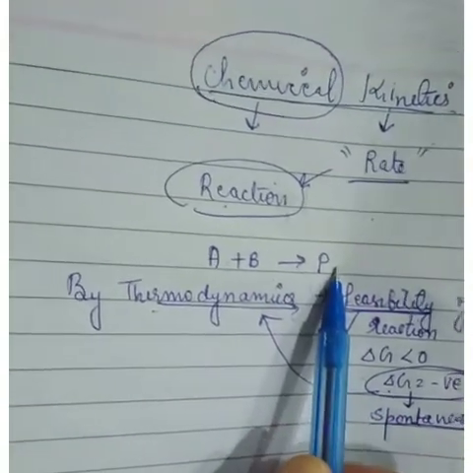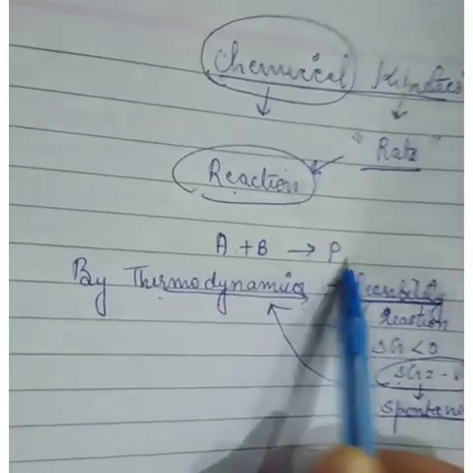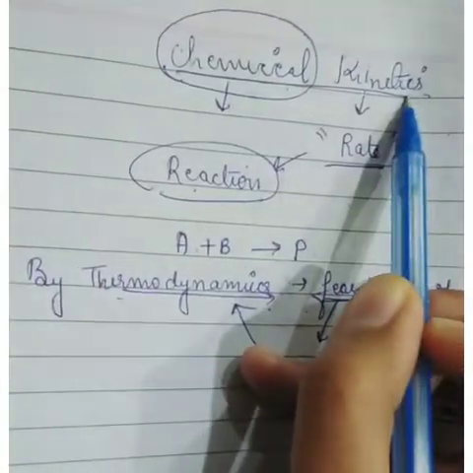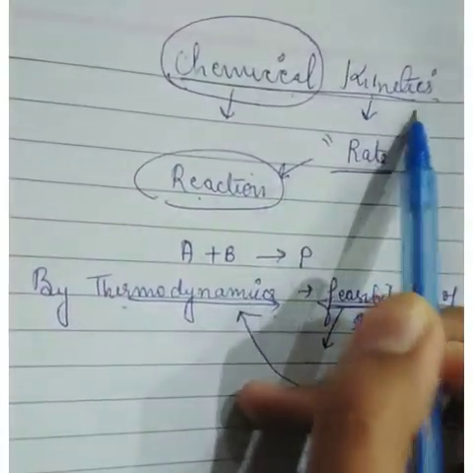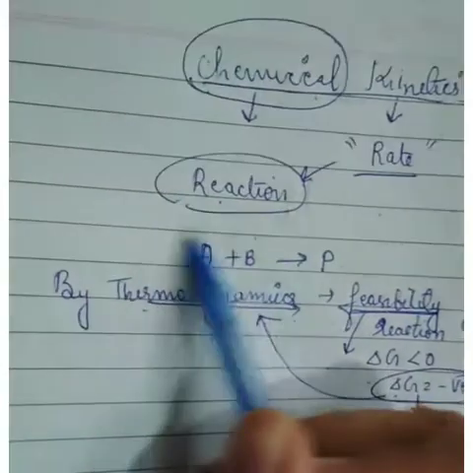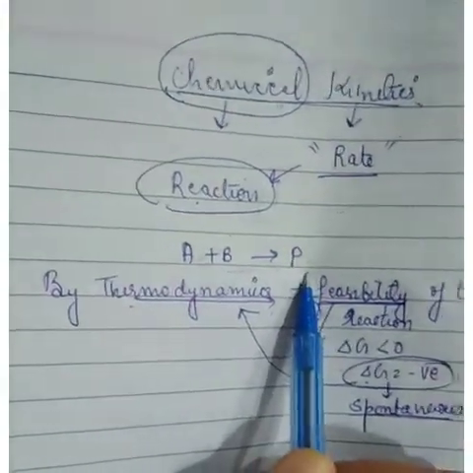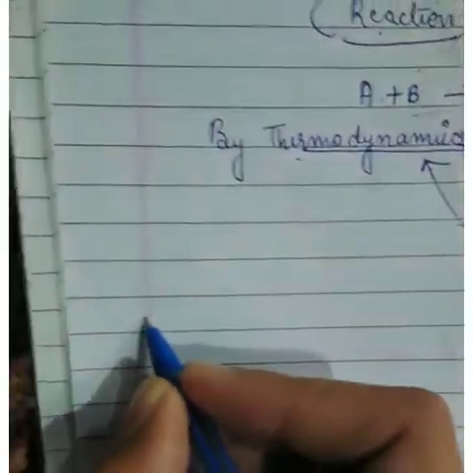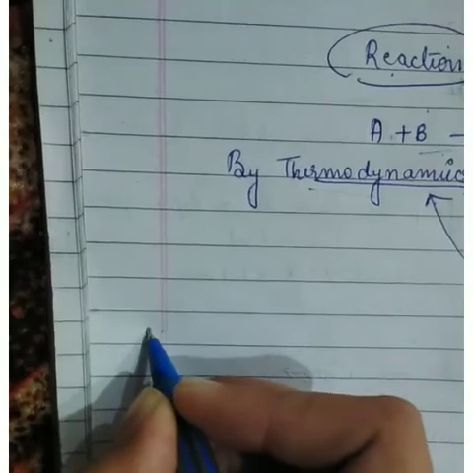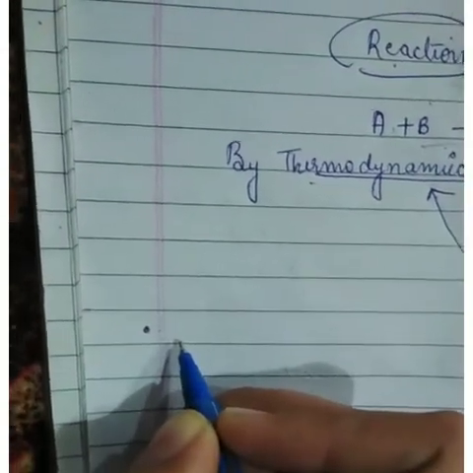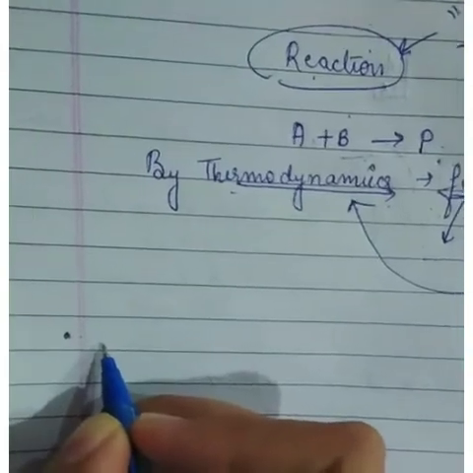So for that, we study chemical kinetics, in which we broadly study the rate of the reaction. First of all, we are going to see how we are going to calculate it.